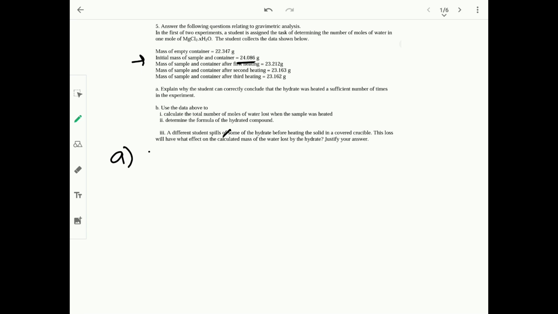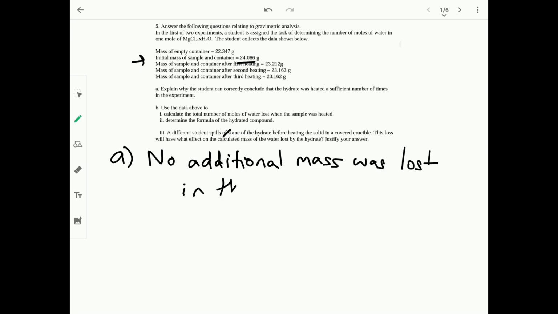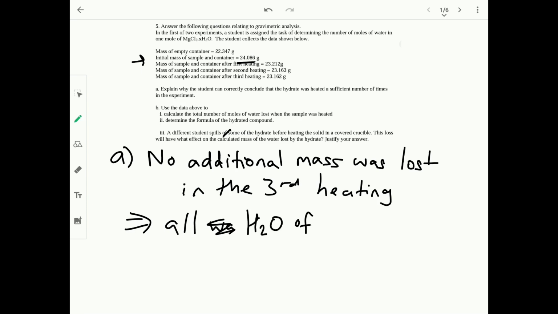That means basically no additional mass was lost in the third heating, which leads to all water of hydration had been driven off or had been evaporated, because the change of mass is 0.001 grams.